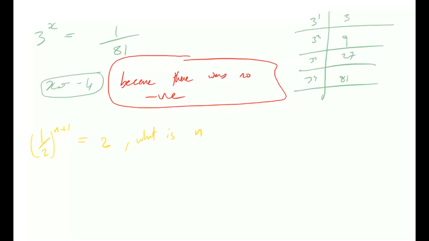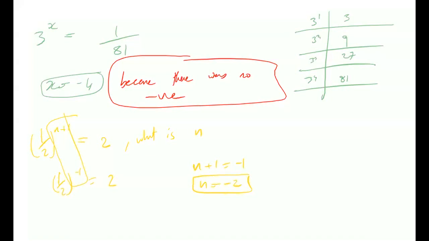You know that half power negative 1 is equal to 2, right? So basically n plus 1 is equal to negative 1. So n is equal to negative 2. Okay, good. You're with me.